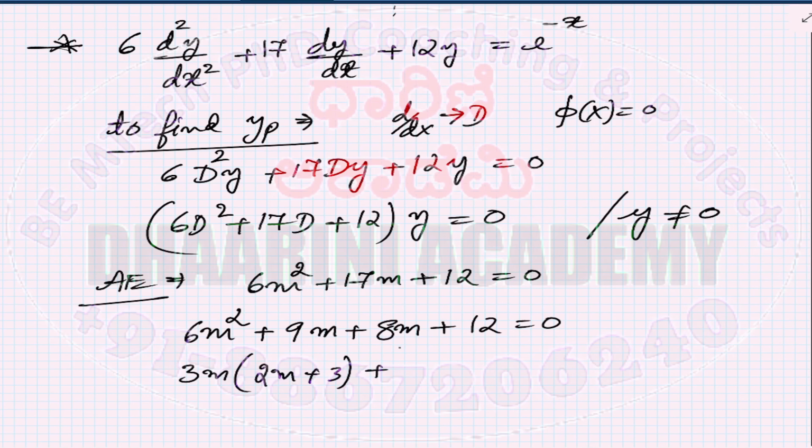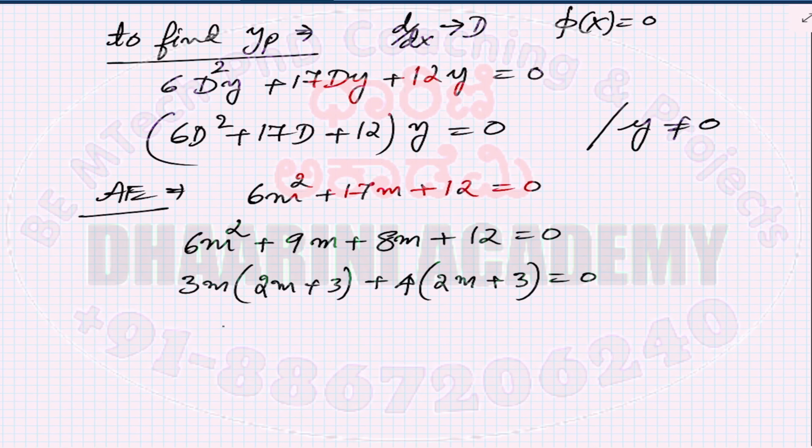If you want 2m inside, I should take 4 outside, so 4 into 3 is 12, and this is 4(2m plus 3). Now 2m plus 3 is common, so this is (2m plus 3)(3m plus 4) equal to 0.